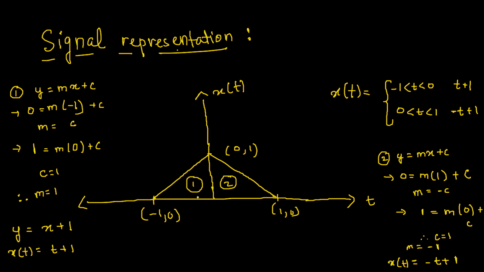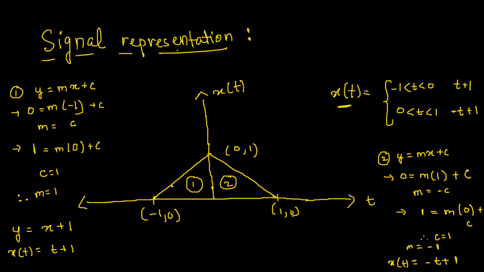So let's take this particular example where x of t is basically a straight line from -1 to 0 and then another straight line with a downward slope from 0 to 1. So how do we define this particular function in mathematical terms? You can see this is not one function really.